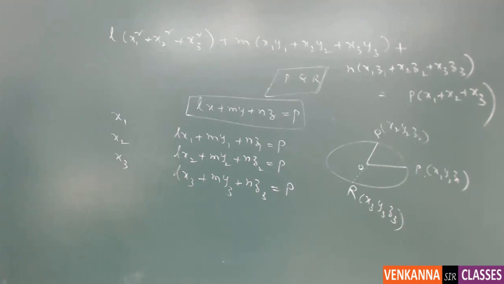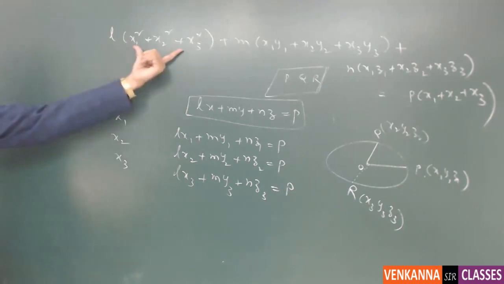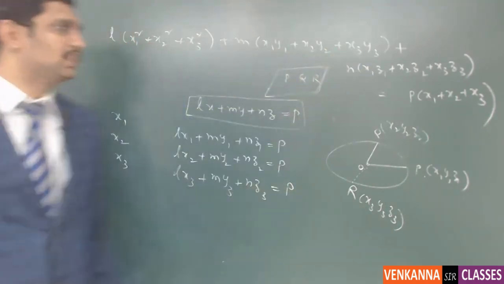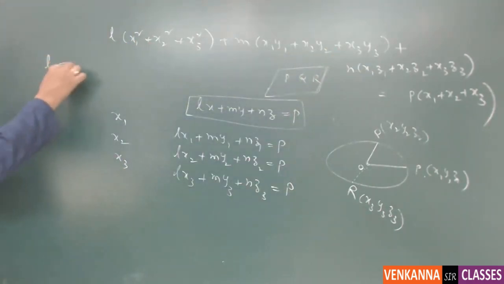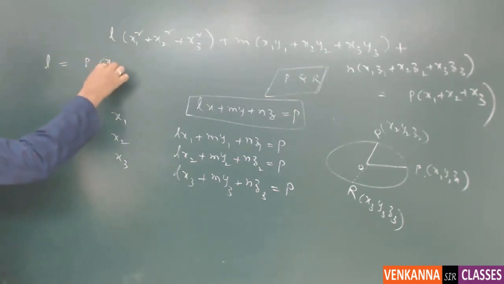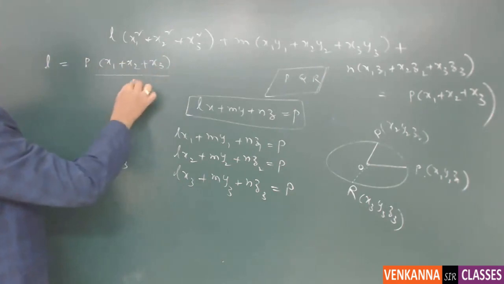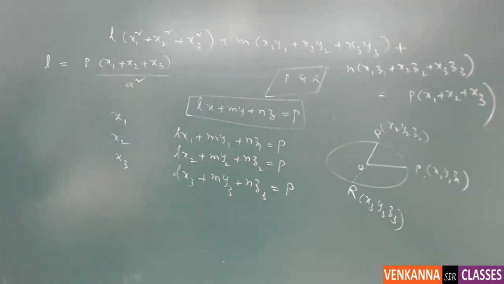Are you getting the context? Since this value is nothing but a square, from the properties you have noted, this is 0, this is 0. You got that L = P(x1 + x2 + x3)/a square. That is one value you got.